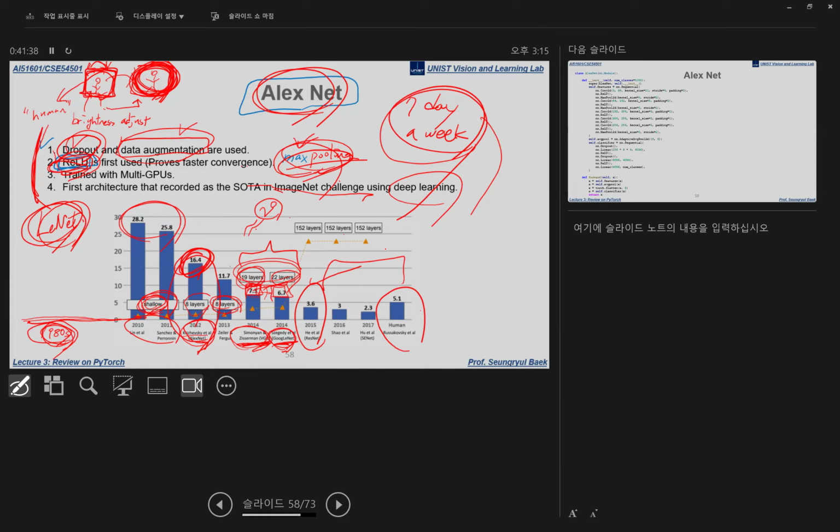At that time, ResNet had 152 layers, and they also have variants. As far as I remember, there are also ResNet 101, ResNet 50, ResNet 18. These variants have some trade-off between speed and accuracy. Anyway, they are proposing multiple architectures.